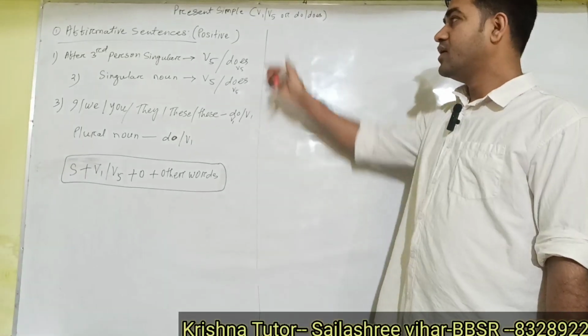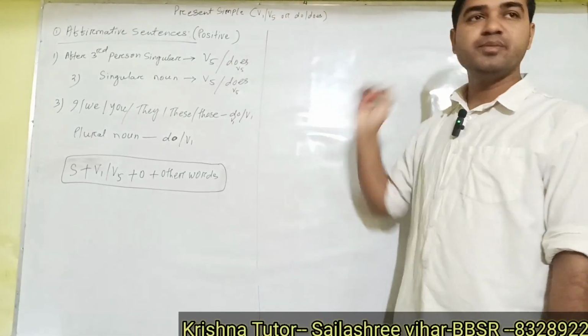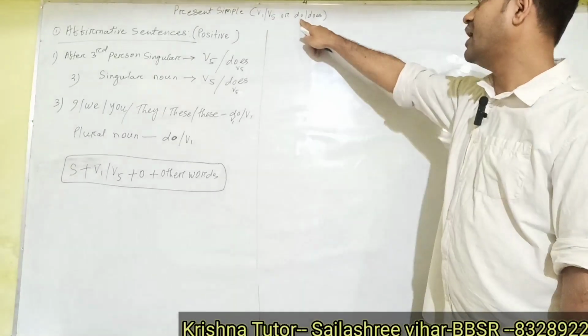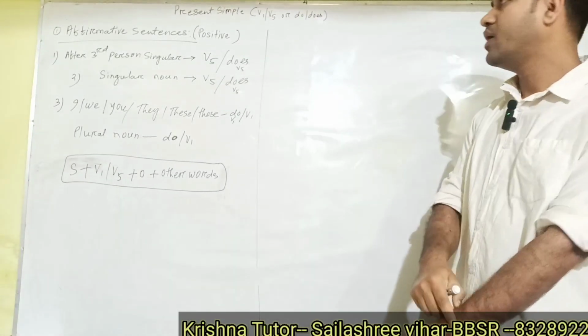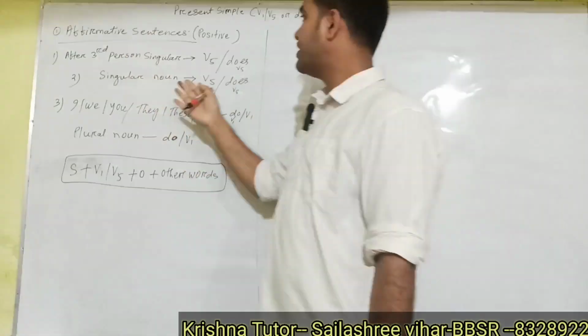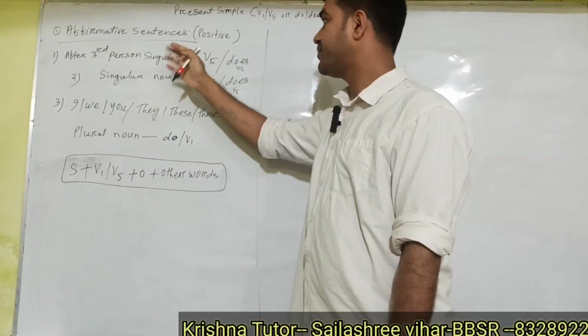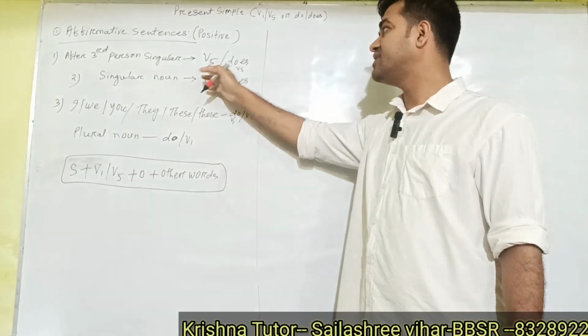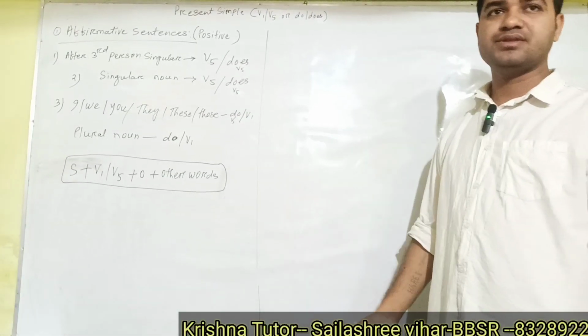We are doing present simple tense. In present simple tense we need to use V1 or V5 and helping verb do or does. If I talk about affirmative sentence, we need to follow this structure. First, third person singular, we have to use do, V5 or does.